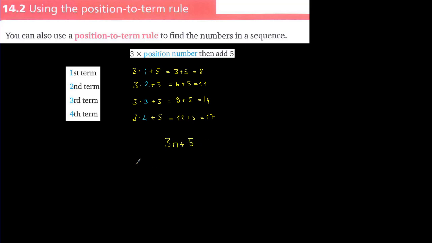So if n is equal to 1, which means the first term, it's 3 times 1 plus 5, substituting the value. If you substitute n by 1, it is equal to 8.